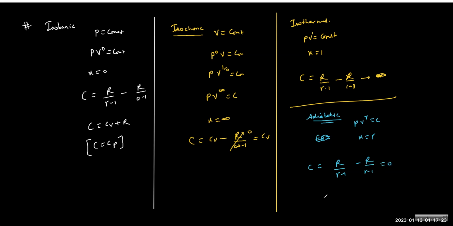We know that dQ is nC dT, and because C is 0, this is 0, which is the definition of adiabatic. For an adiabatic process, C must be 0, isn't it?